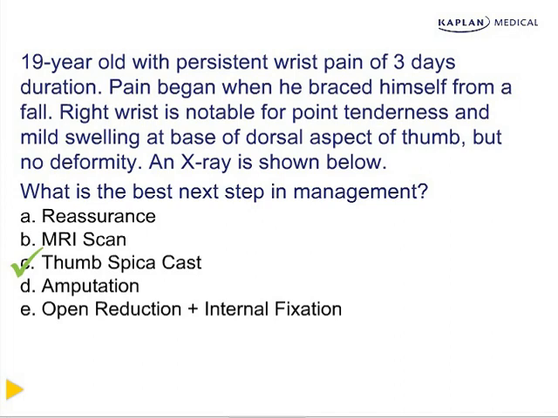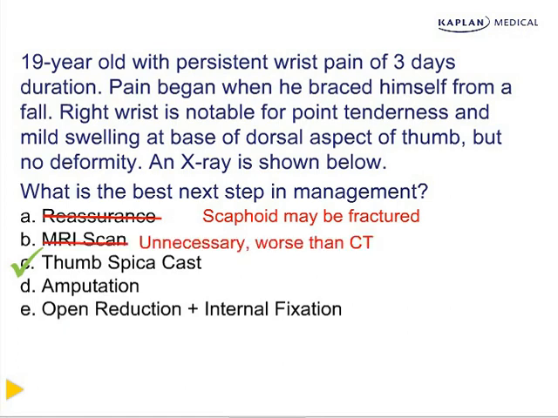Thus, all patients suspected of having scaphoid fractures are placed in splints or casts for 2 to 3 weeks, and then are asked to return for a new set of X-rays. Reassurance would not be appropriate in this patient, because he may in fact have a radiographically occult fracture that will require treatment.